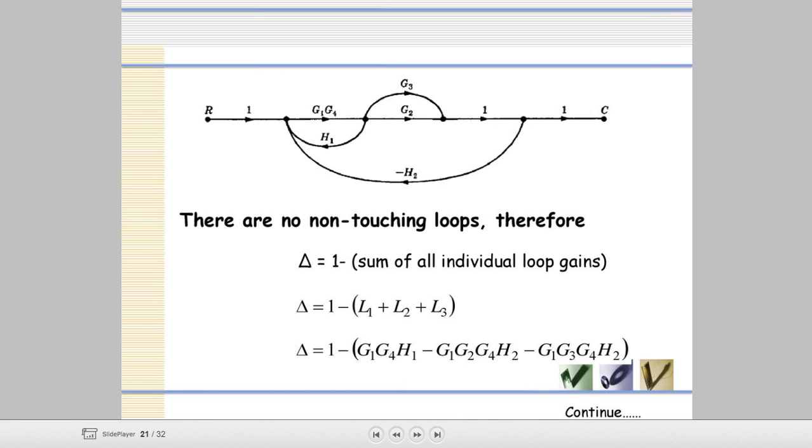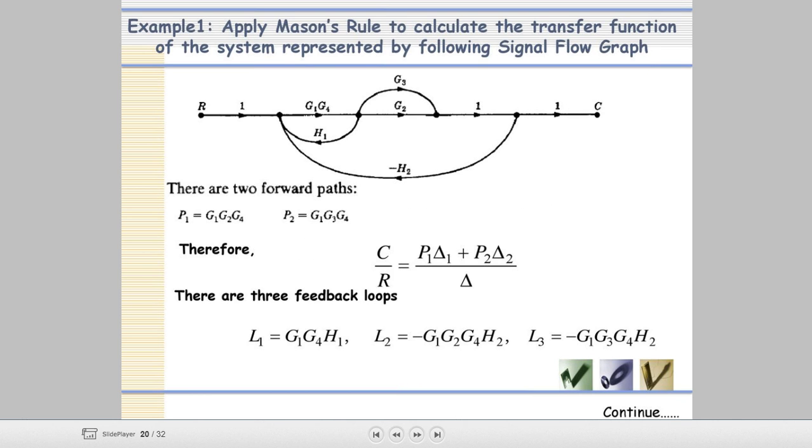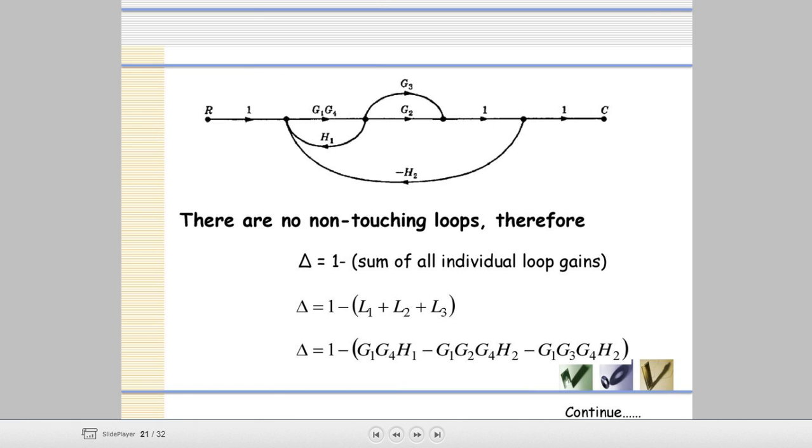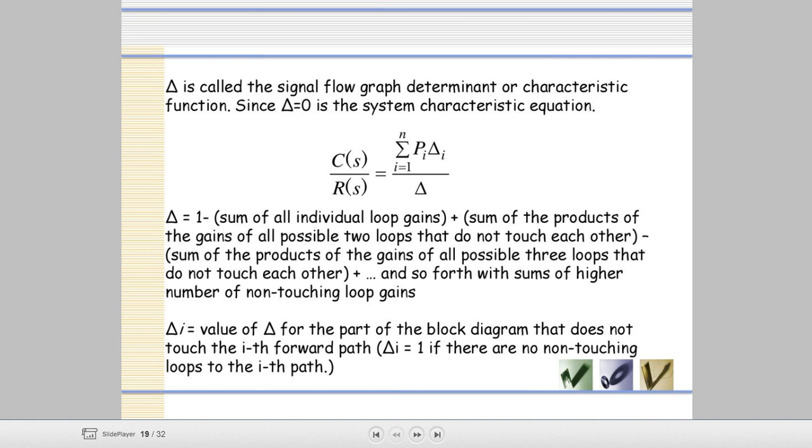So the formula is delta equals 1 minus the sum of all individual gains, here 3 loops, so delta is 1 minus L1, L2, L3, plus the sum of products of gains of all possible two non-touching loops. But in this case everyone is touching each other, so plus 0 plus 0.